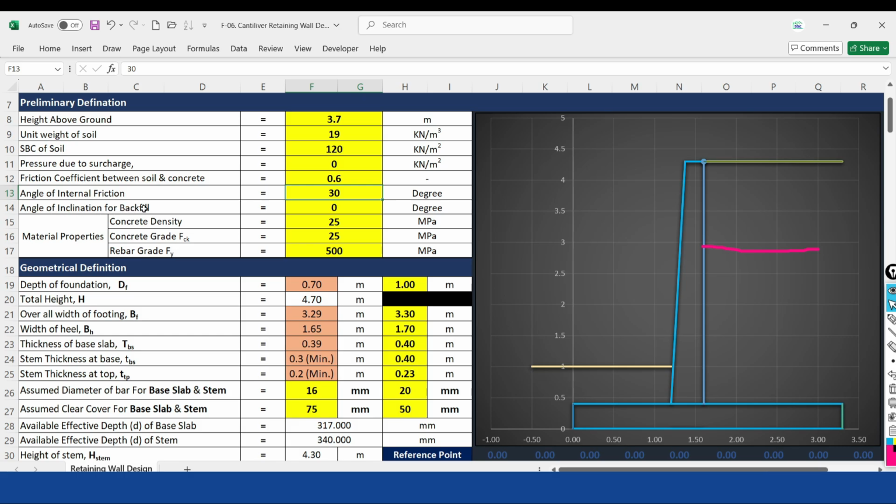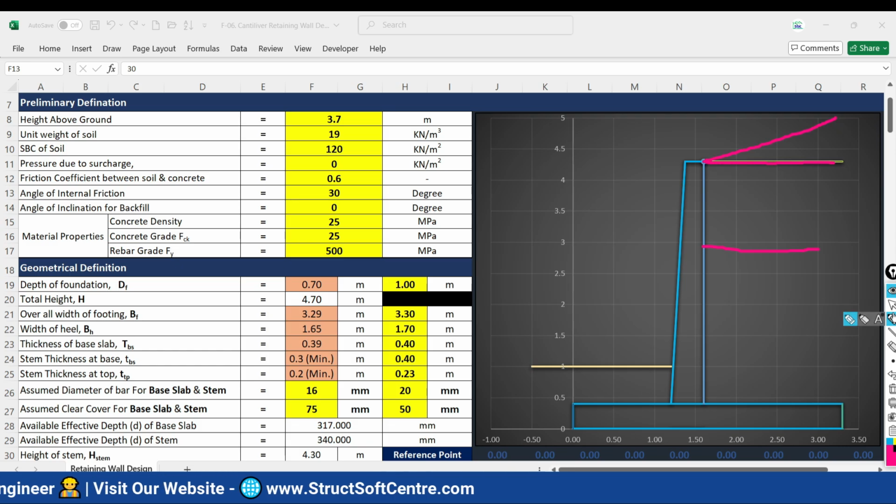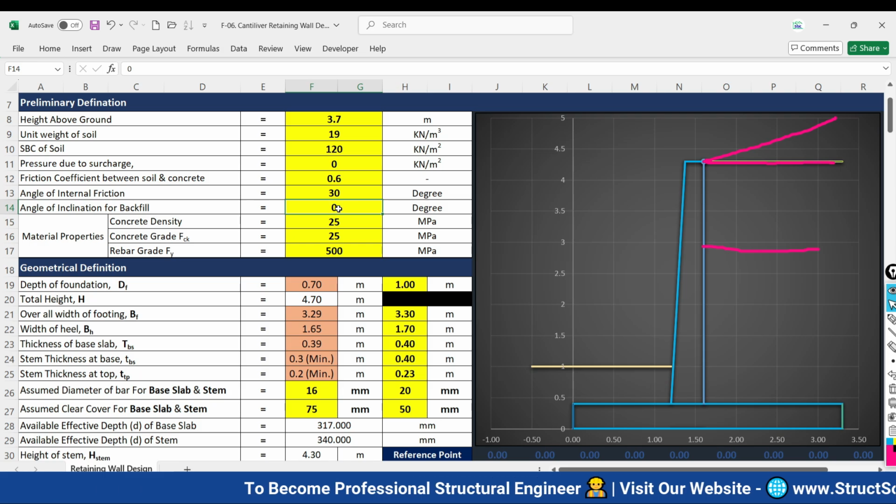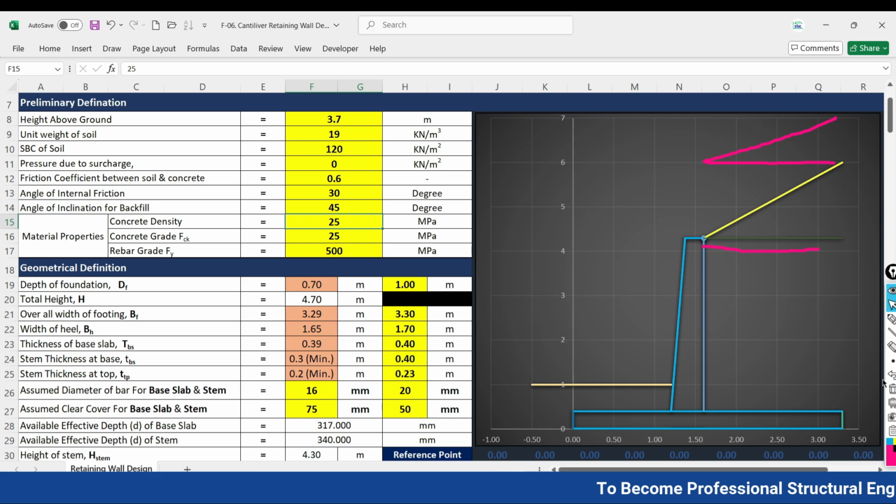Angle of inclination of the backfill. As we have a flat backfill, it does not have any inclination. For example, if you deal with a problem where the backfill has an angle of 45 degree, you can put 45 degree here, and the figure is updated accordingly.